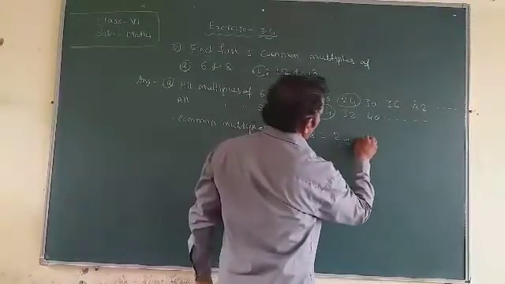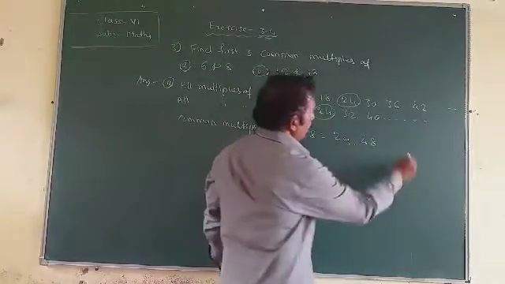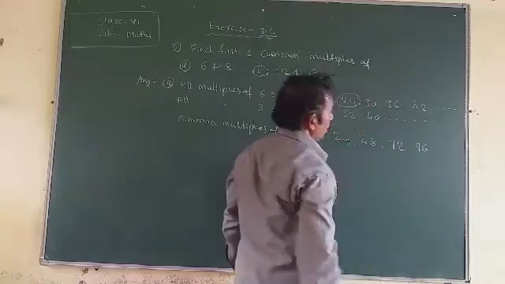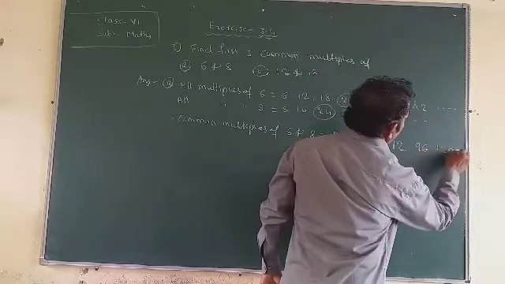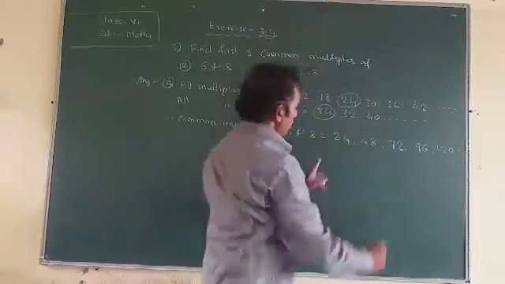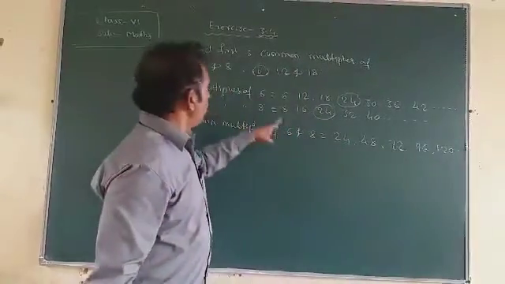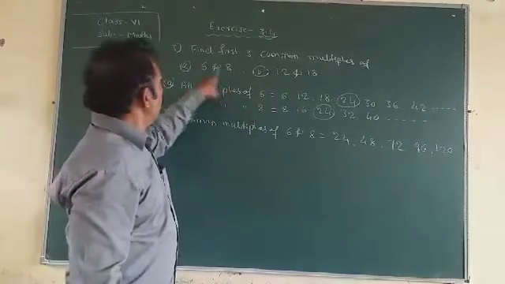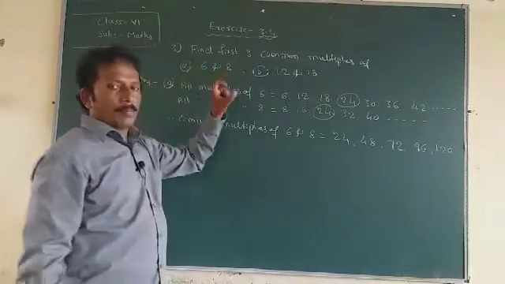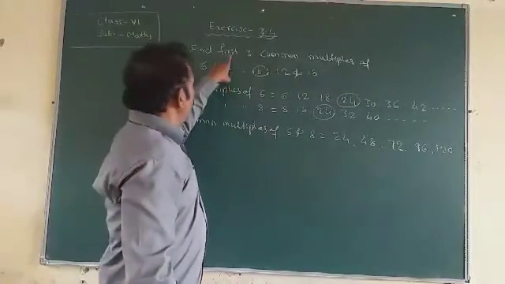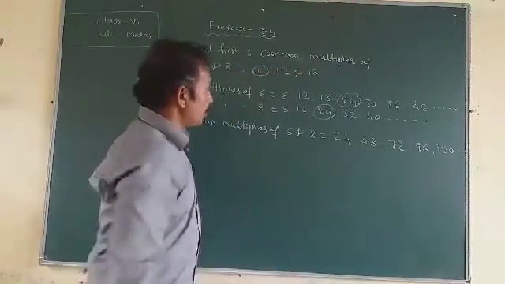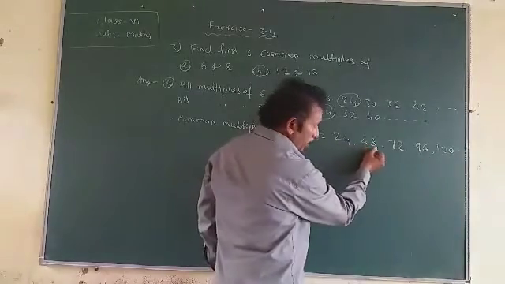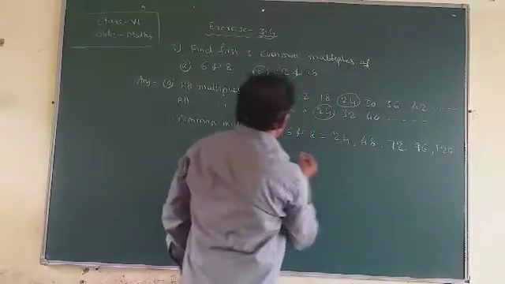24, 48, 72, 96, 120, etc. These are the common multiples of 6 and 8. Therefore, in our question, we need to write the first three common multiples. First one 24, second one 48, third one 72.